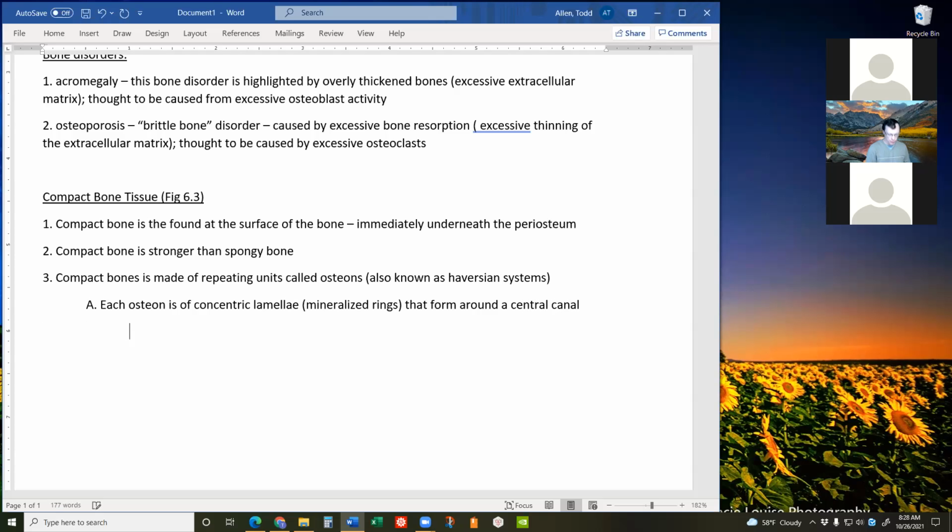It's important that you appreciate that canal. You can see blood vessels inside it. In reality, in some areas of your bone, you might also see nerve fibers that go down that canal as well.